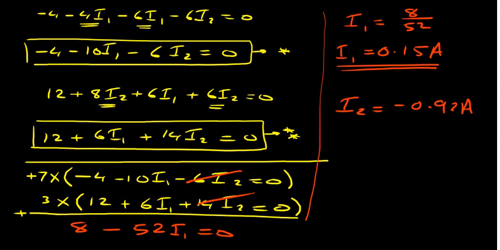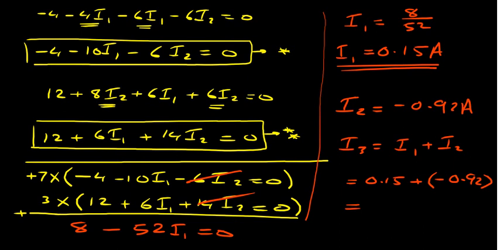Now the easiest one, I3, which is I1 plus I2, which is 0.15 plus negative 0.92. That will give you a negative 0.77 ampere.